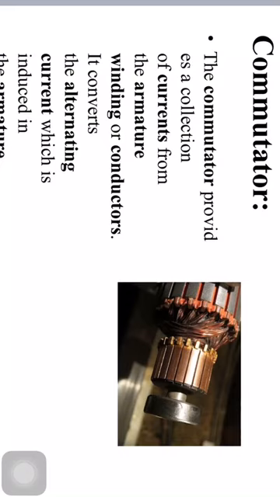Coming to the choice of material, it collects current from the armature, so obviously it is made up of copper segments. It is generally cylindrical in shape and made of wedge shaped segments, which are insulated from each other by a thin layer of mica. For insulation purpose we will use mica here.